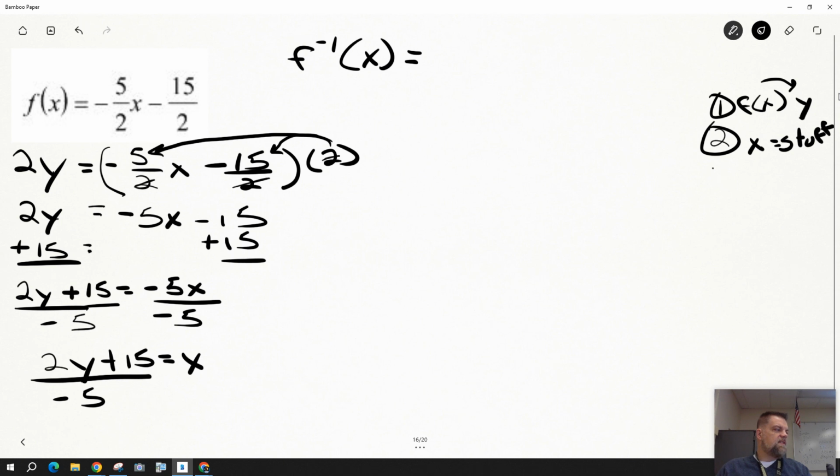So then the last step is to swap the x and y. So I'm going to get 2x plus 15 over negative 5 equals y. That was step 3, by the way, where we take x and swap it with y.